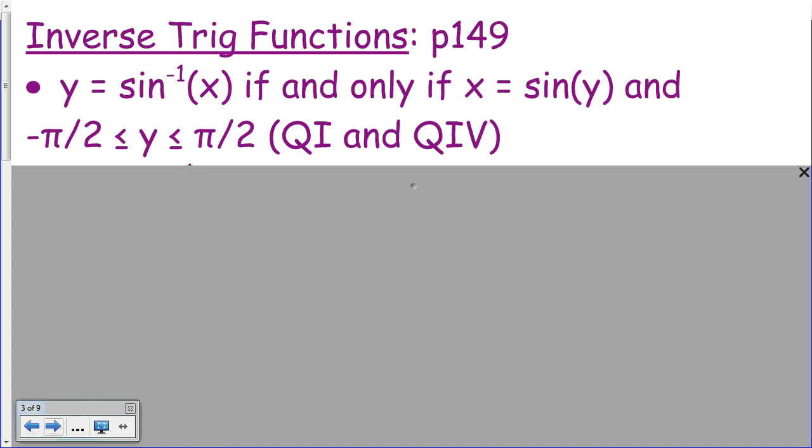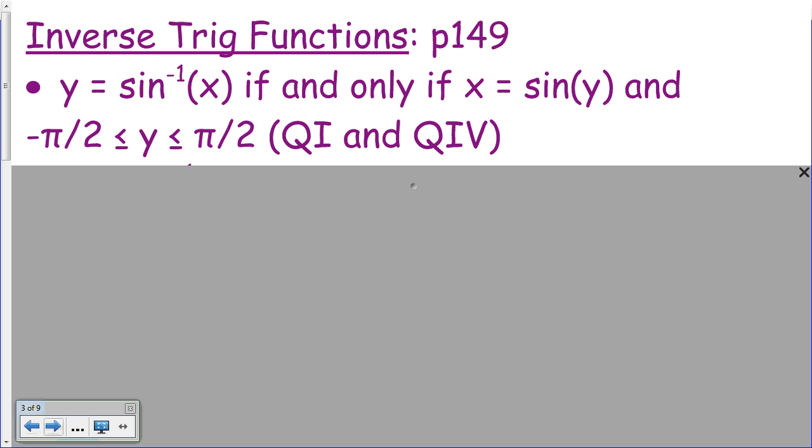And if you look at the quadrants and measure angles in the 4 quadrants, an angle that's from -π/2 to +π/2 will fall in quadrant 1 and quadrant 4. We'll look at the quadrants at the very end of this just to refresh your memory on that as well. But those are the two quadrants that this inverse sine function is defined on.